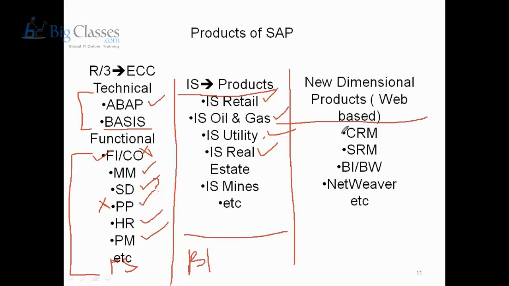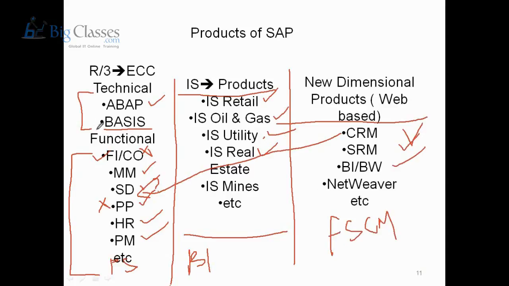Now we can link this CRM system to your SD module, so indirectly your dealer is also using your system. So these are some new dimension products: CRM, SRM. BIBW is reporting. Then in finance we have FSCM, financial supply chain, which is also a new dimension product. So these are the various products available in SAP.